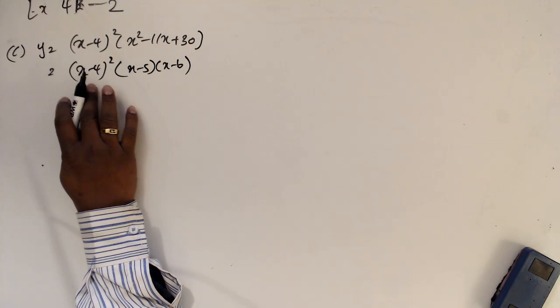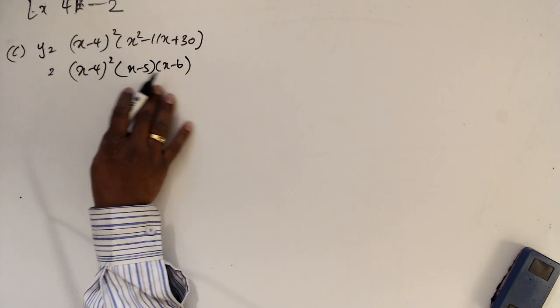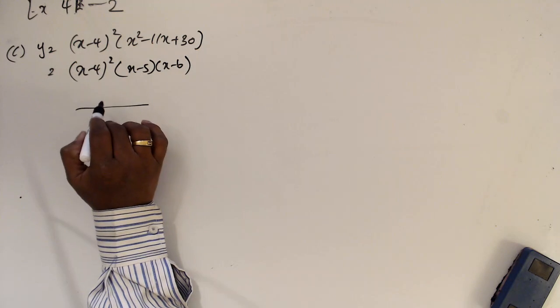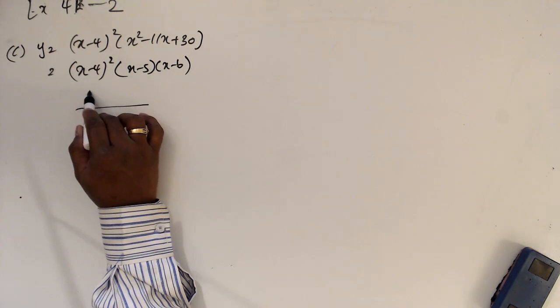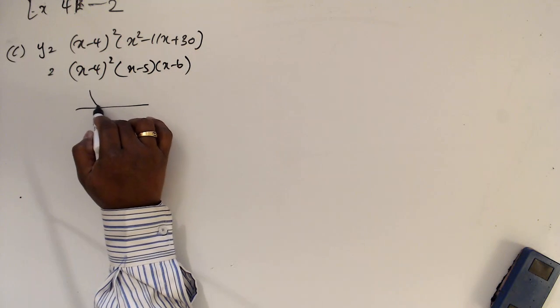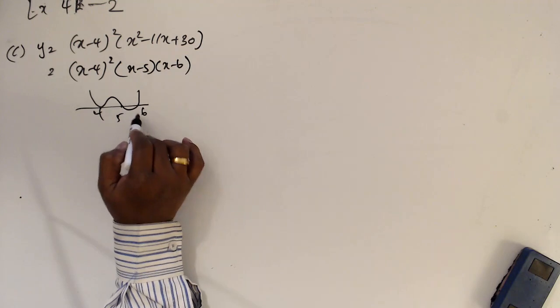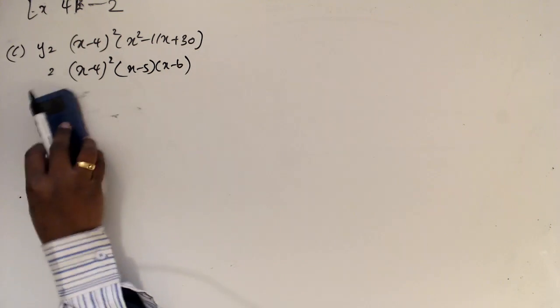So when x equals 4, it will touch the axis. x equals 5 and 6. And x squared is positive. 4, 5, 6. So I'm expecting x equals 4 to touch, and like this is 4, 5, 6. This is the graph basically.